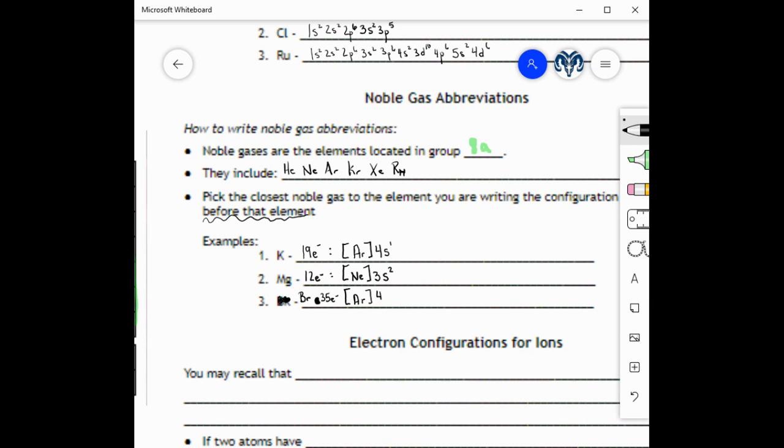So I'm at the 4s2, then I'm going to have my 3d10, and then my 4p5. Make sure that you know how to do that.